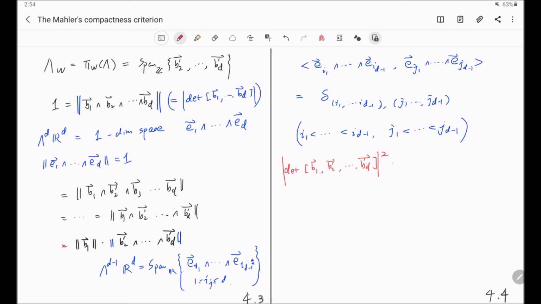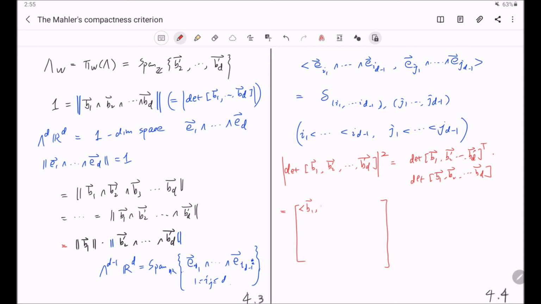The square of this determinant will be the same as the determinant of the transpose of this matrix times the determinant of this matrix, which if you write this out explicitly, you will see immediately is the same as the Gram matrix.